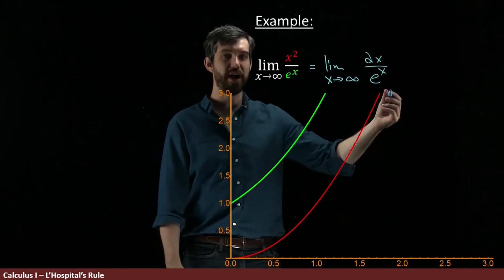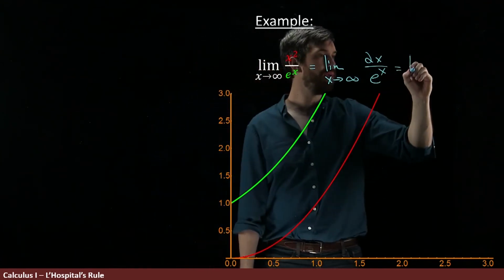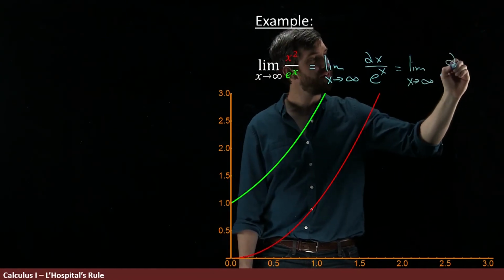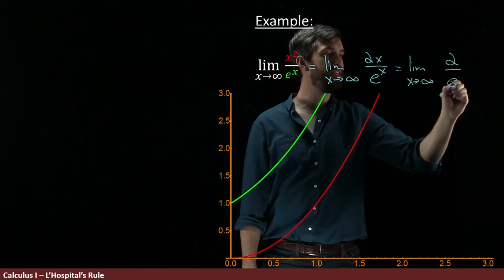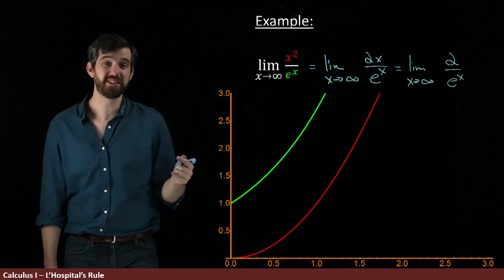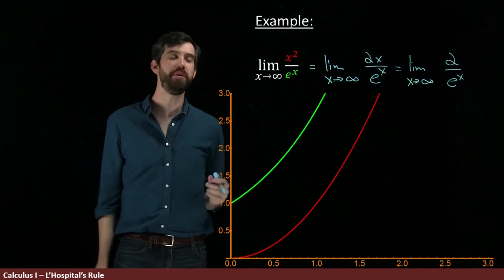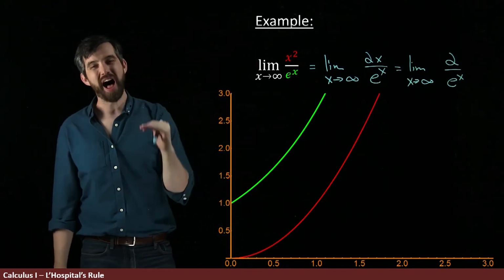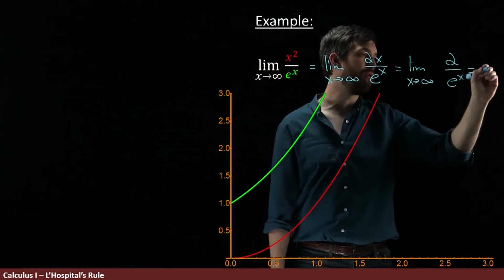This is going to be equal to the limit as x goes to infinity of the derivative of 2x, which is just 2, over the derivative of e to the x, which is just itself, e to the x. And now it's no longer an indeterminate form, it's a determinate form. It's a single number 2 on the top divided by something diverging to infinity. That's going to bring it all the way down to 0.